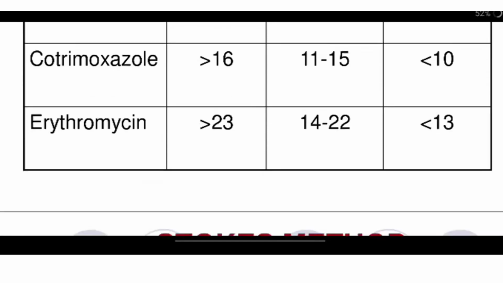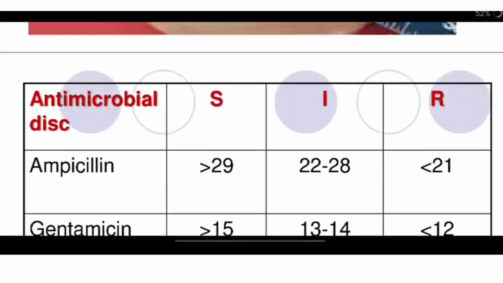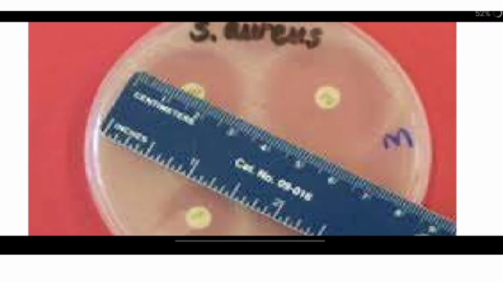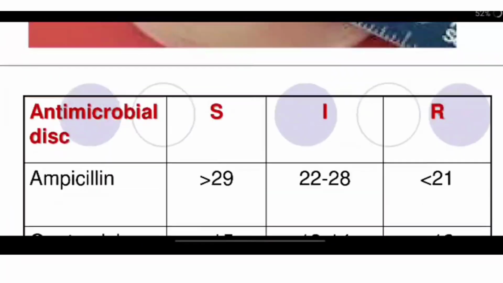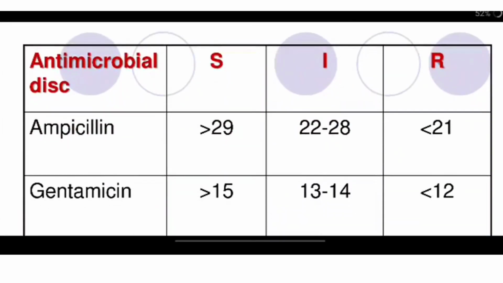So these are some antibiotics. These are the different zone of inhibition sizes of the different antibiotics for the same bacteria. But you know, there are many different zone of inhibition sizes for many different bacteria. It can be sensitive for ampicillin for Staph aureus at, for example, 29, but for E. coli it may be 22 only.